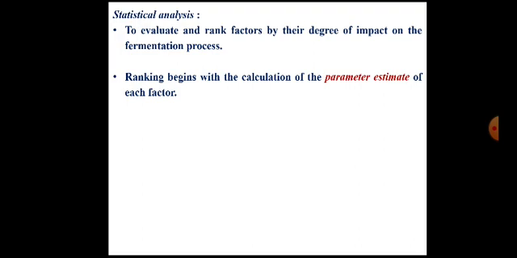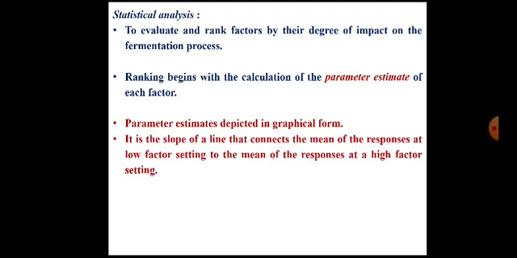Calculating the parameter estimate can be depicted in graphical form. The parameter estimate is to be calculated for each factor. So there are 7 factors, so there will be 7 values for 7 parameter estimates.